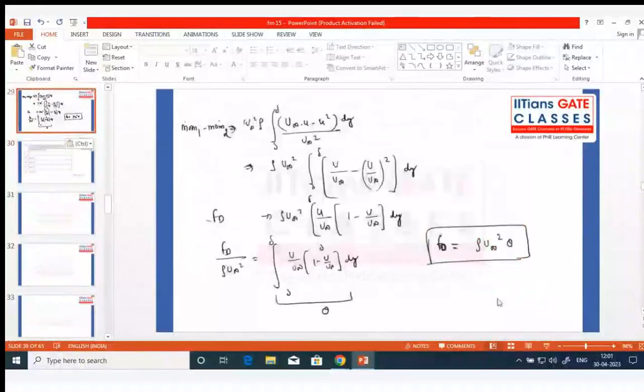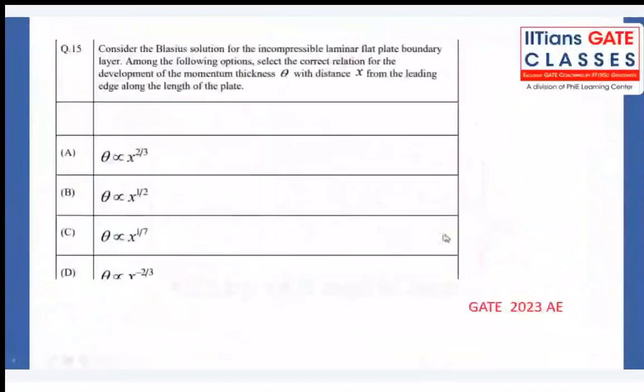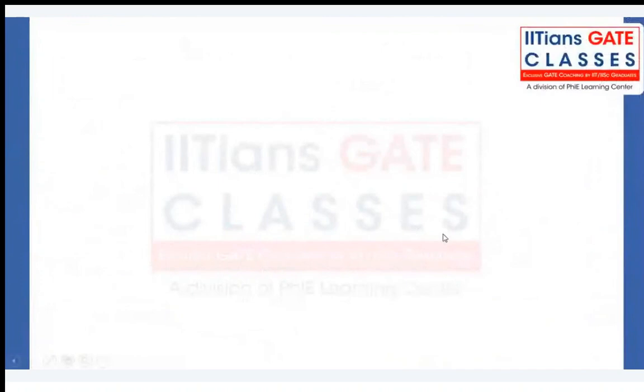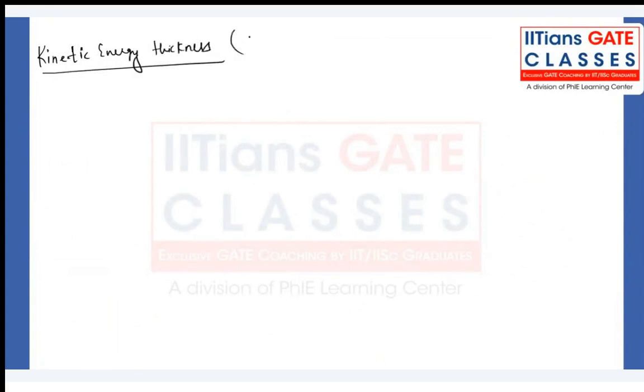That will be sufficient. No doubt, the kinetic energy thickness. Till now, not a single time has it been asked. Kinetic energy thickness we denote by delta double star.